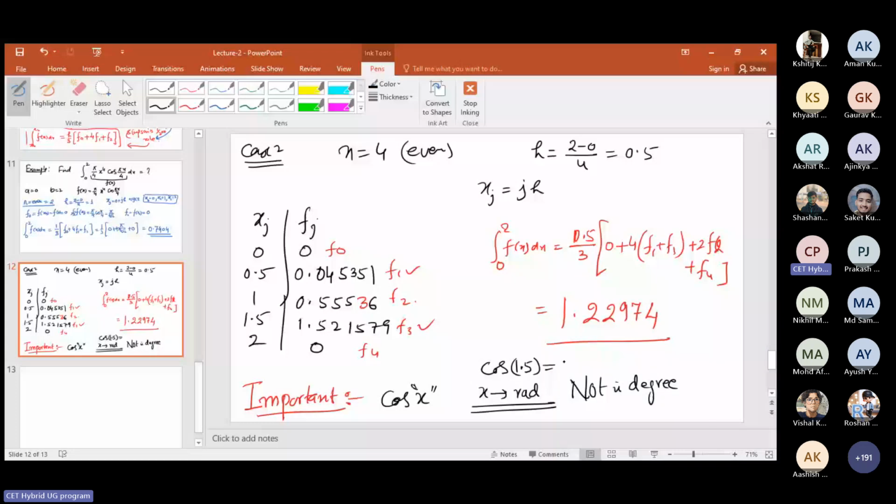This is the correct value the calculator will give: 0.0707.